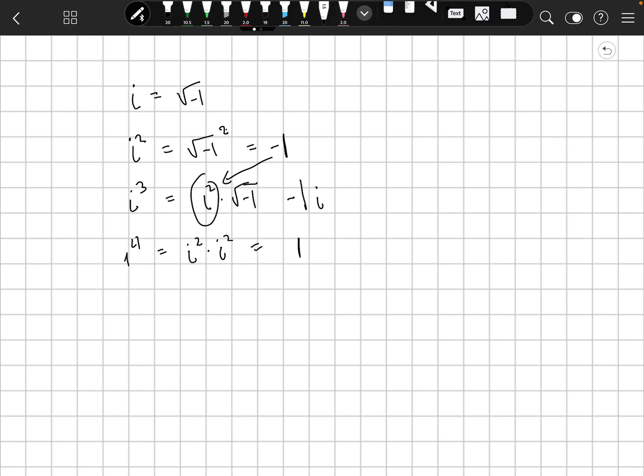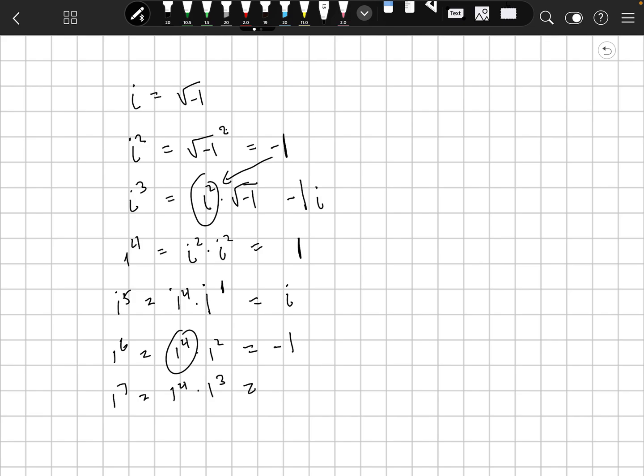It's 1. Okay, i to the 5th, it can be written as i to the 4th times i to the 1st. So i to the 4th we know is 1, and i to the 1st is i, so that equals i. i to the 6th, it can be written as i to the 4th times i squared, and so we know this is 1, and i squared is going to equal negative 1. i to the 7th, it can be written as i to the 4th times i to the 3rd.